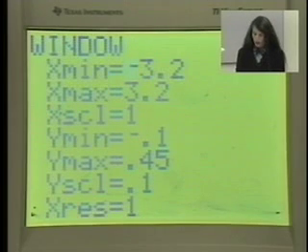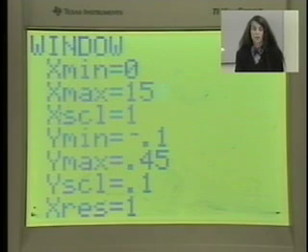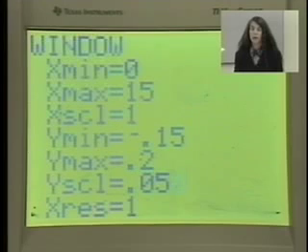So x min is 0, x max is 15, x scale is 1, that means a tick mark every unit. y min is negative, and remember to use the negative that's at the bottom of the screen in parentheses, negative 0.15, y max is 0.2, and y scale, we're going to put a tick mark every 0.05 units on the y-axis.